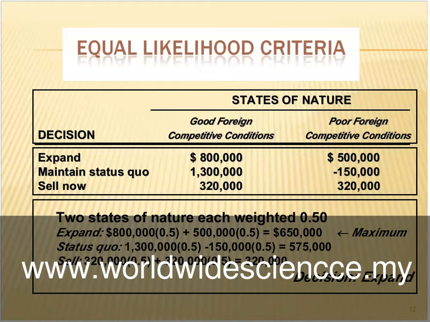Equal likelihood means that for each of the states of nature we should have the same number for alpha. This is the reason we divide 1 by the number of states. The states of nature is 2, 1 divided by 2 equals 0.5, so each state of nature in each project should be multiplied by 0.5.